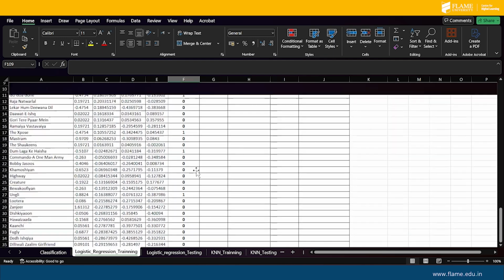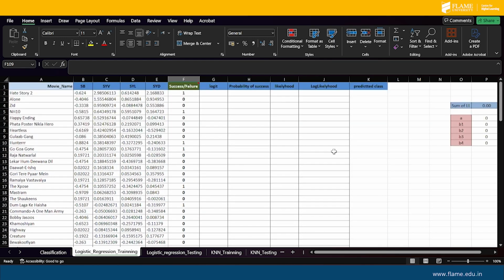Now after this, just remember, in case of logistic regression, the expression was ln y, or the log odds, ln p by 1 minus p, equal to a plus b1 into x1, b2 into x2, b3 into x3, b4 into x4.